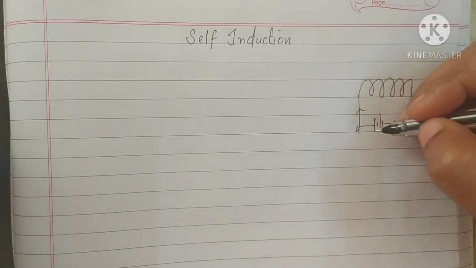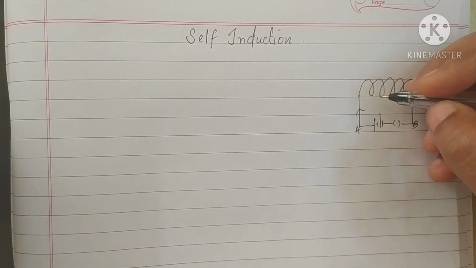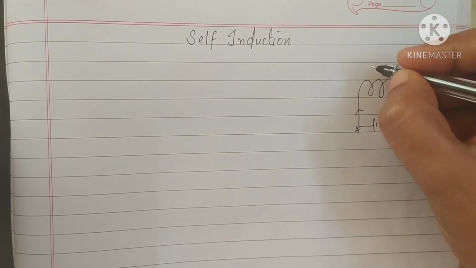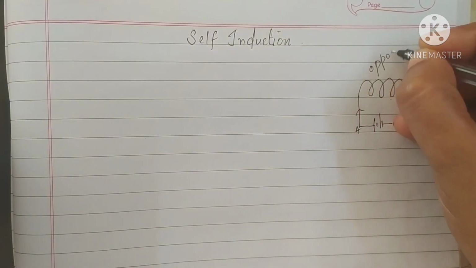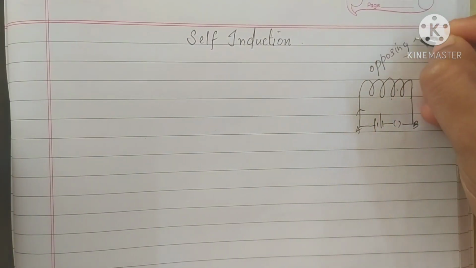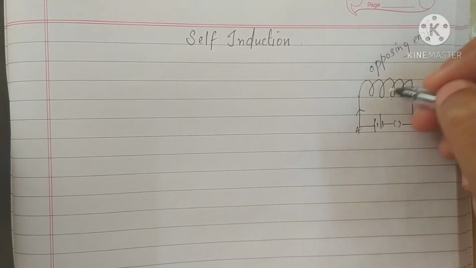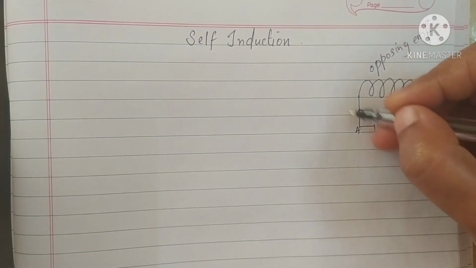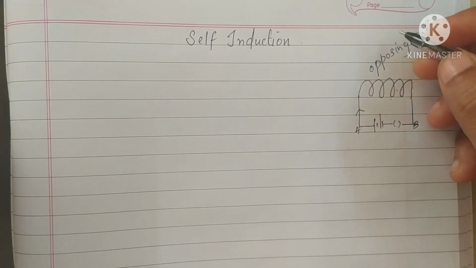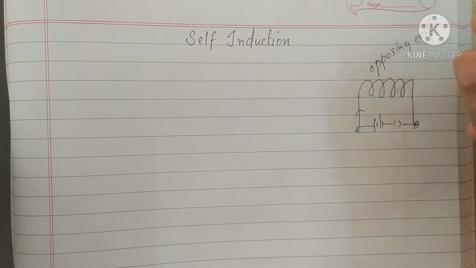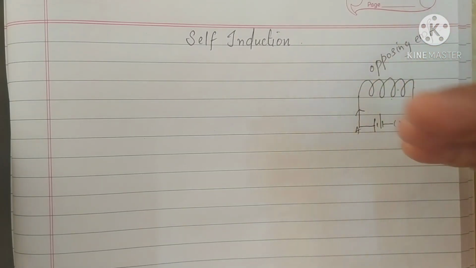As the strength of the current changes, the magnetic flux changes, and here an opposing EMF is induced. That is, an induced EMF is produced in the coil itself with the changing current. Clear? And this EMF is known as self-induced EMF or back EMF.